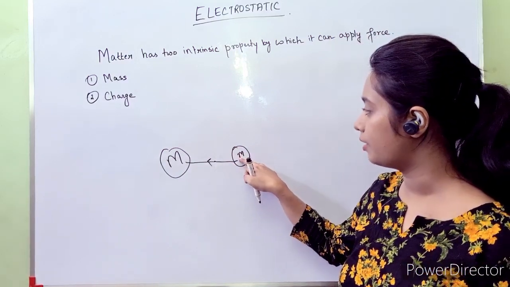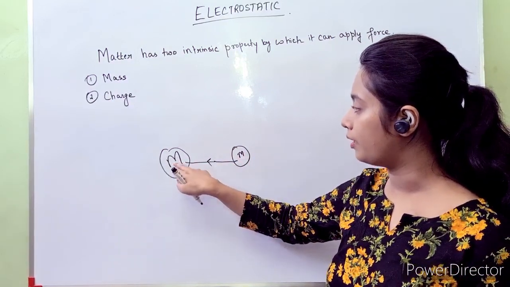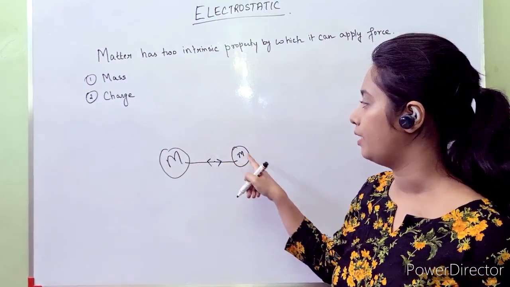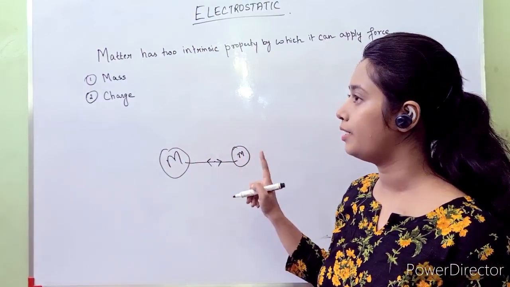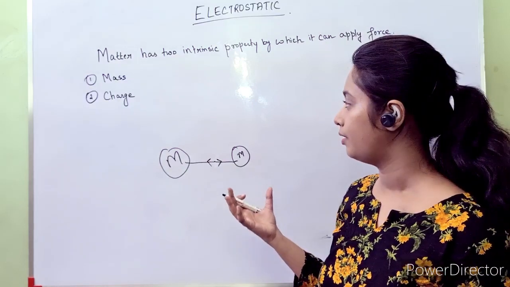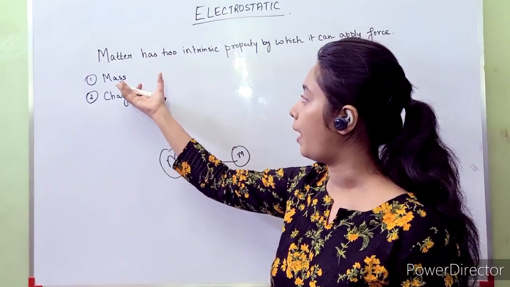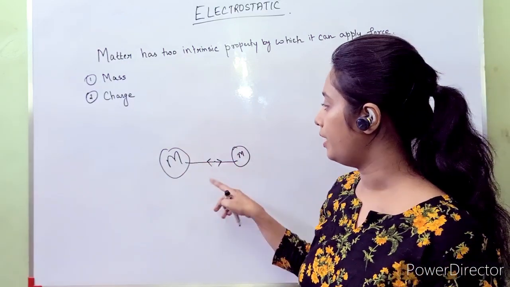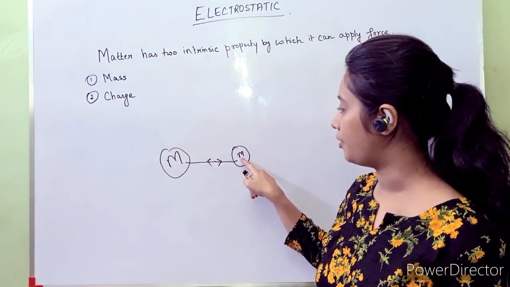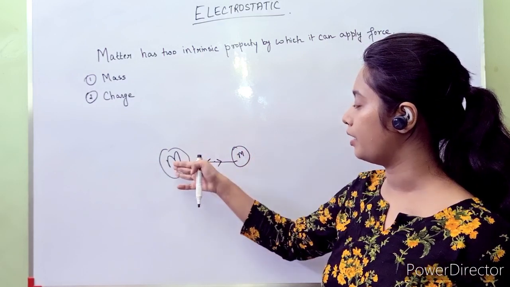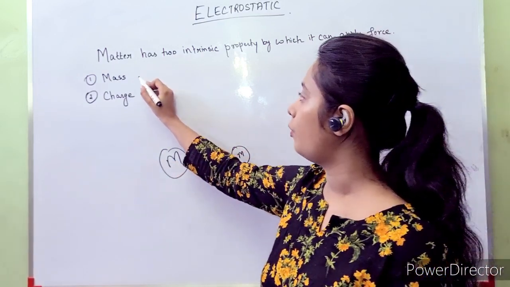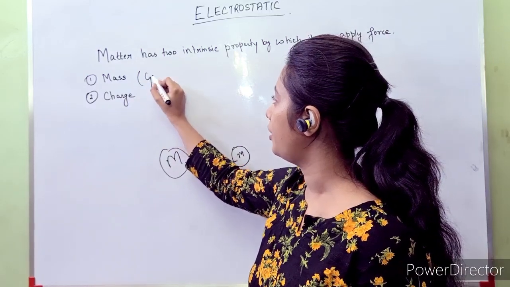Even this mass can apply force on the other mass and pull it towards itself. This is the ability, the strength, the magic of a particle having mass. So this force with which a mass is attracting another mass towards its center is known as gravitational force.